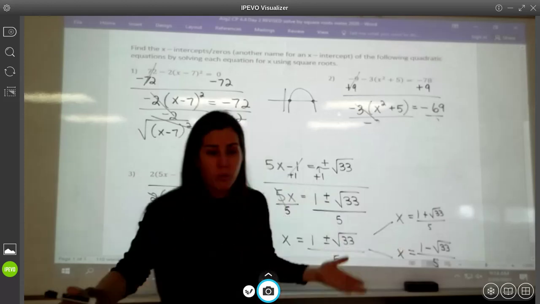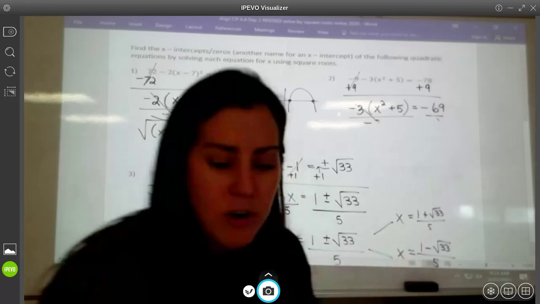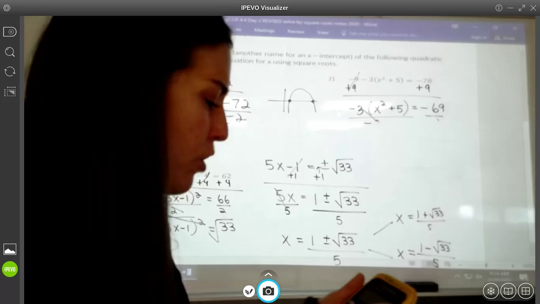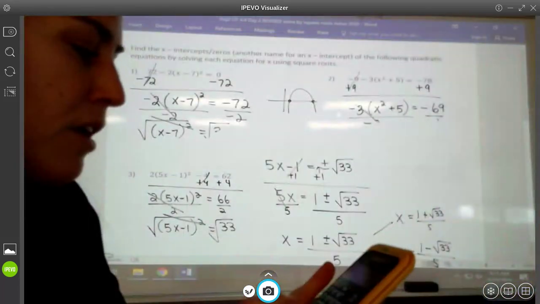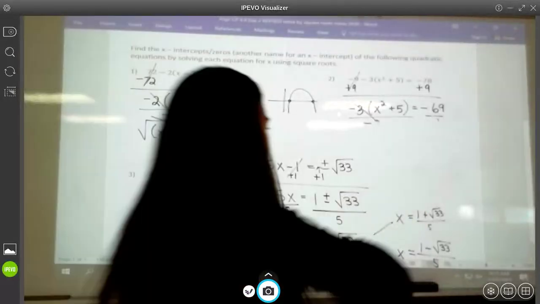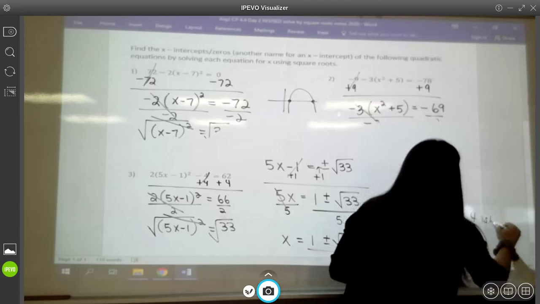So guys, if I asked you to graph them, I have no idea what number that is. So just ask your calculator, what is 1 plus the square root of 33? It's about 6.744, blah, blah, blah. It's a really ugly decimal. And then divide it by 5. And it's about 1.4-ish. All right?